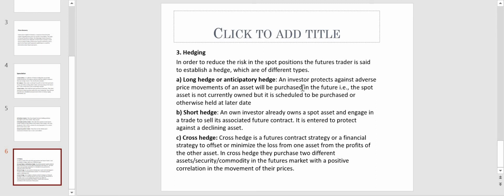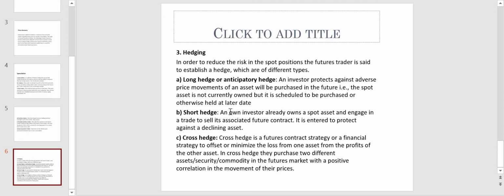See, an investor protects against adverse price movements of an asset to be purchased in the future. Whenever there are a lot of adverse price fluctuations, then the investor will invest in long hedge and protect himself against the adverse price movements.